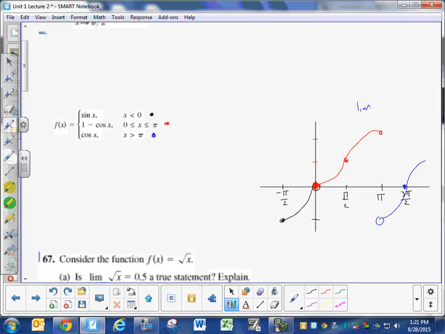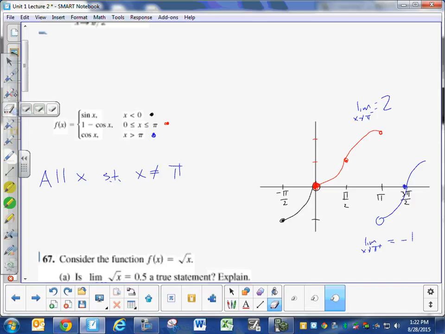The limit as x approaches pi from the left would be 2, and the limit as x approaches pi from the right would be negative 1. So the limit does not exist at pi. Therefore, we would say the limits exist for all x such that x does not equal pi. Or, since the question asks for c's, you can say all c such that c does not equal pi. Does that make sense?